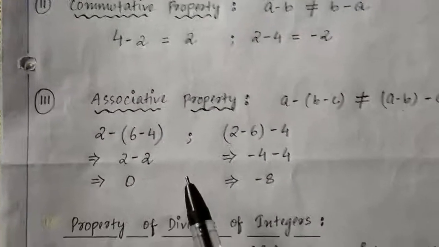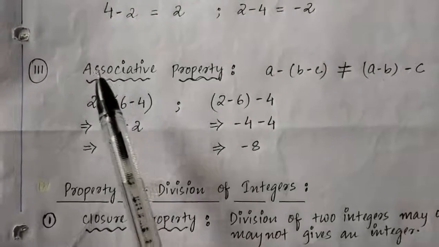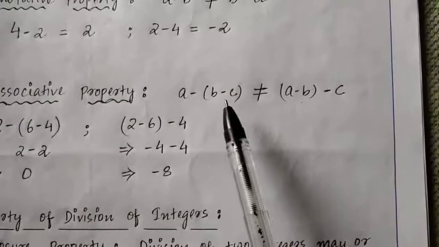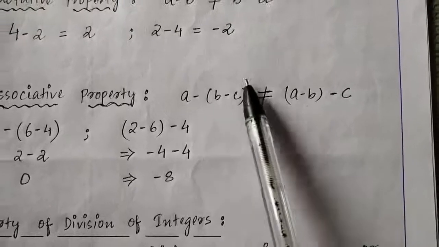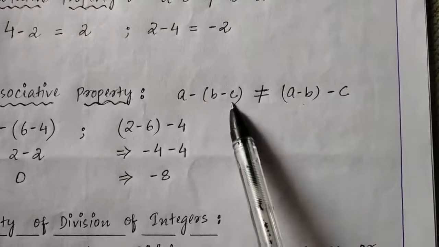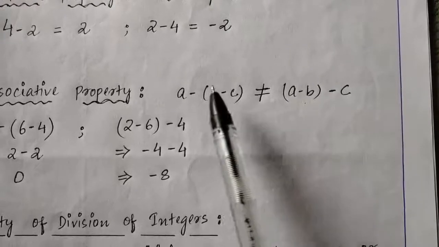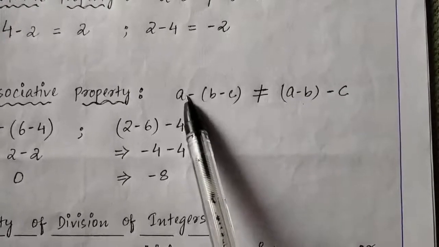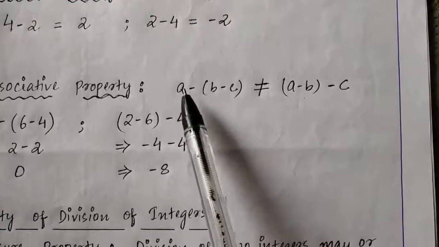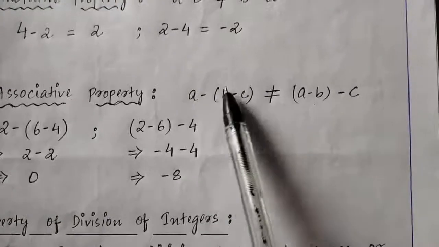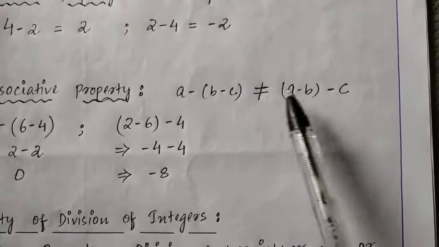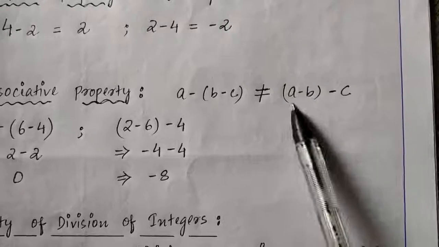Our third property is the associative property. In the associative property, we take three integers, group any two and perform the operation, then whatever result we get, we perform the same operation with the third integer. In the case of subtraction, a minus b minus c grouped one way is not equal to the other grouping.